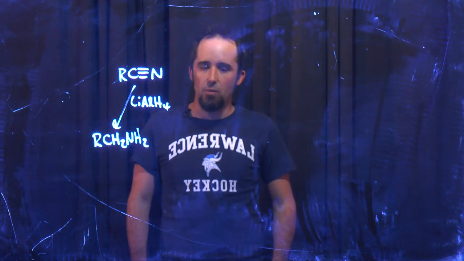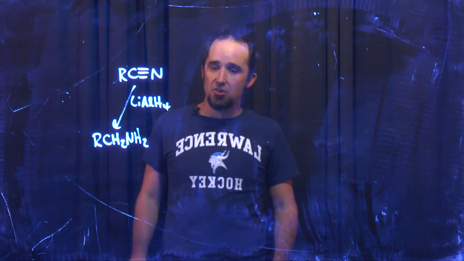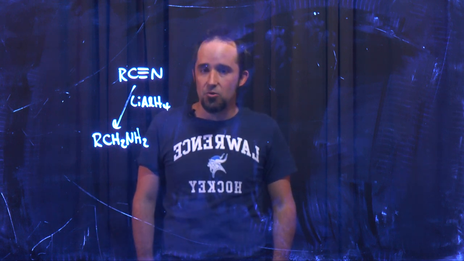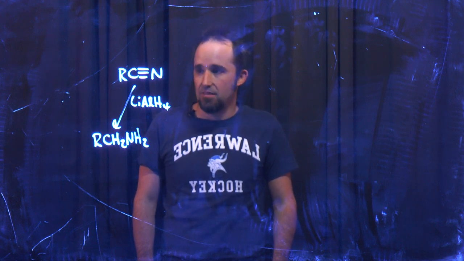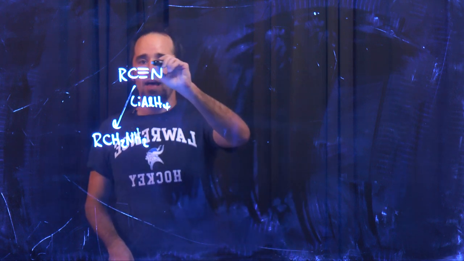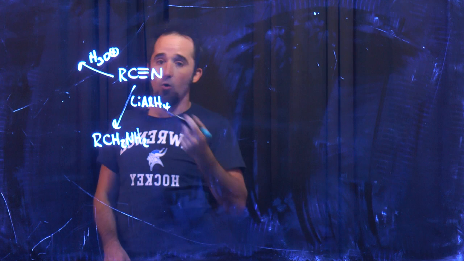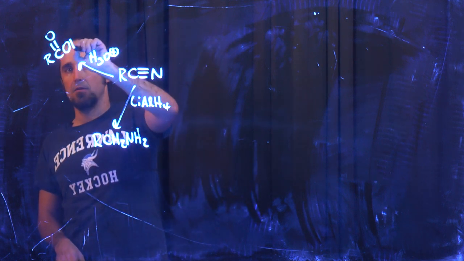One last note about nitriles. We now know two different ways to reduce nitriles to primary amines. Lithium aluminum hydride will do it, so will hydrogenation with a palladium catalyst. We also know that we can hydrolyze nitriles under acid conditions or basic conditions to get to carboxylic acids.